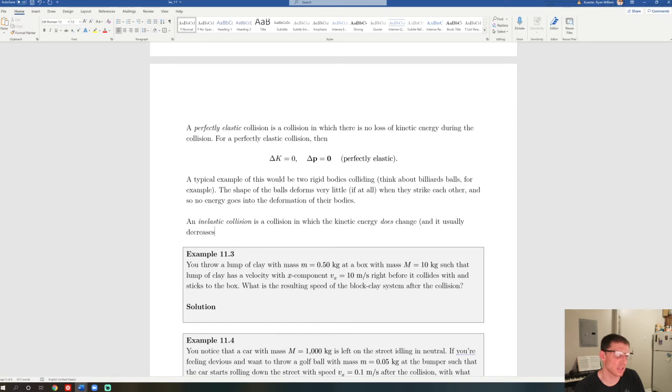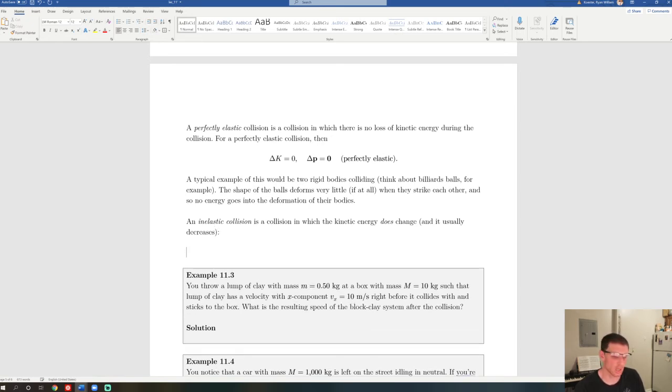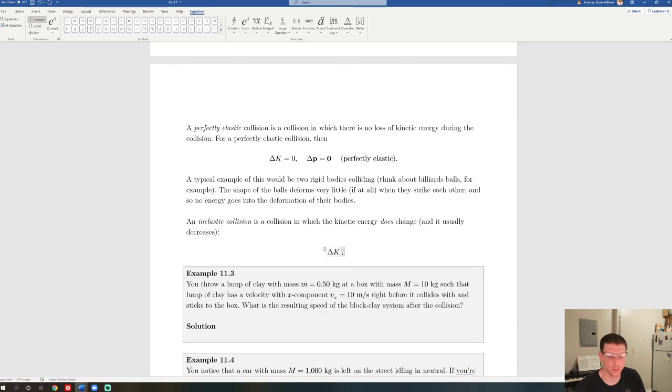I'm having a hard time thinking of an example where it would increase. And so we can write here, to summarize this in equation form, that delta K is now not equal to 0, but delta P is, right?